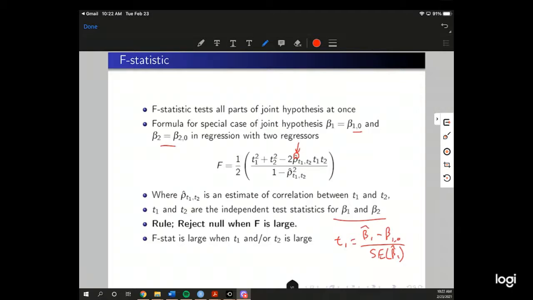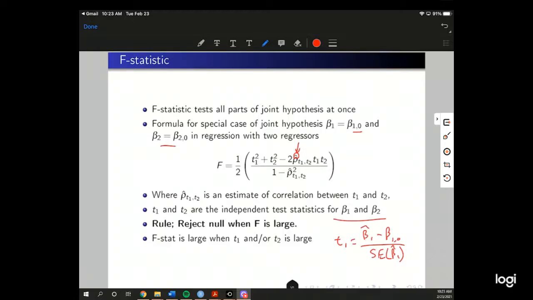What makes F large? F is large when t1 or t2 is large. So if either variable x1 or x2 has a coefficient beta 1 or beta 2 that's highly statistically significant with a t-stat that's large, then we end up with an F-stat that's large, meaning we'll probably reject our null hypothesis.